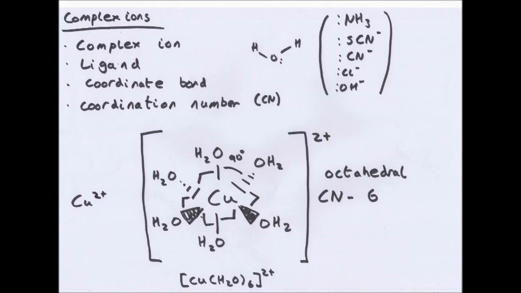You have Cu2+ with 6OH- becomes 4- overall. And we write this in equations as square bracket Cu(H2O)6 close bracket 2+. We call the ligands we're using here that can form one coordinate bond monodentate ligands. And we'll look next at bidentate and multidentate.